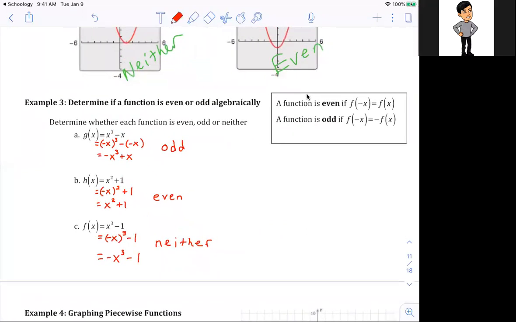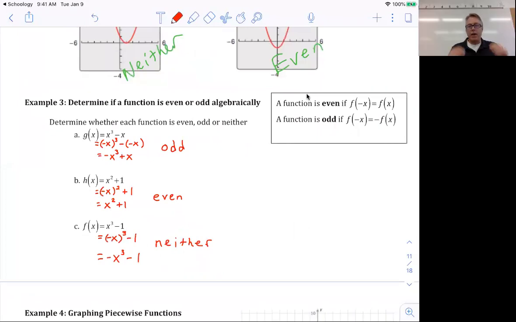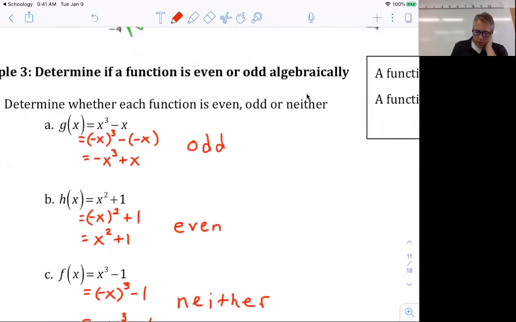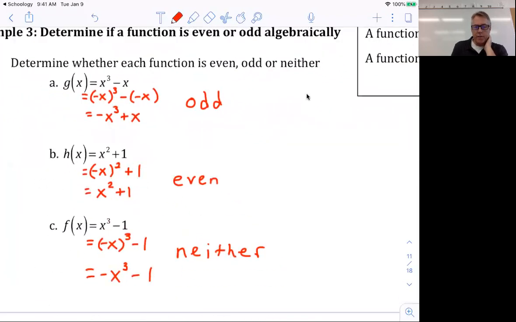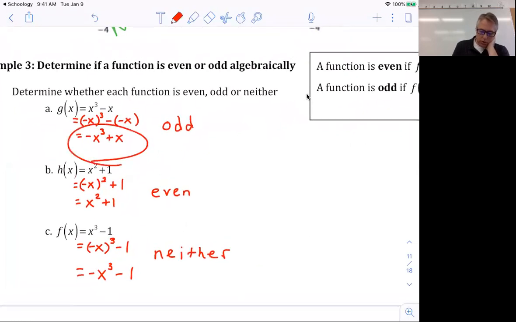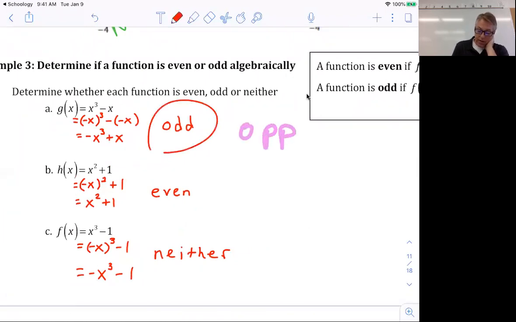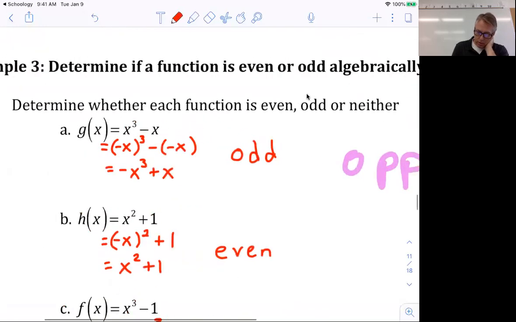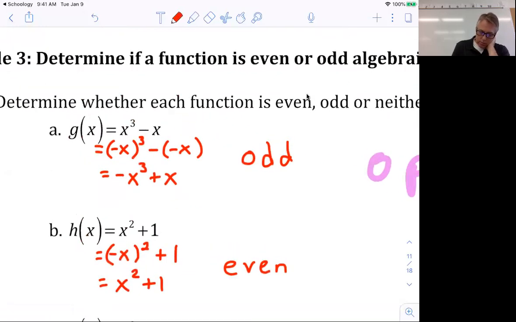Wait, can you explain that again? Yeah. You're going to plug negative x in for x, okay? So if you plug negative x in for x and the result is the opposite, that makes it an odd function. So for example, we plug in negative x to the third and then minus negative x.